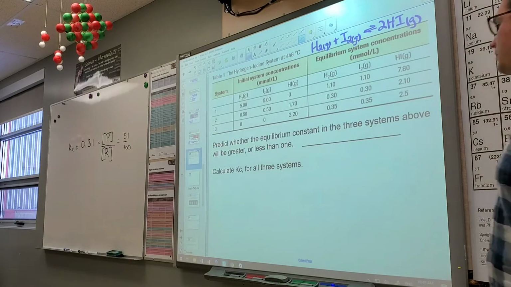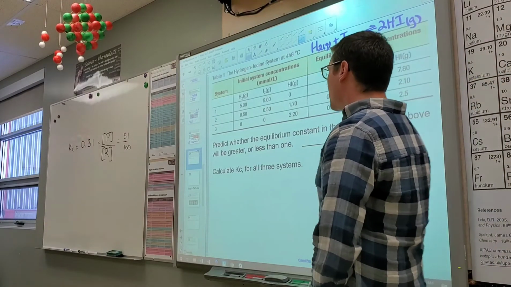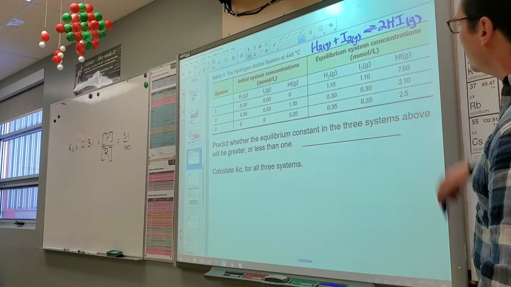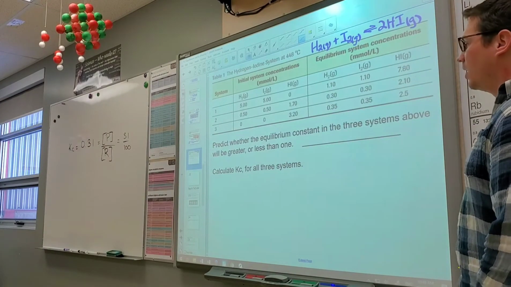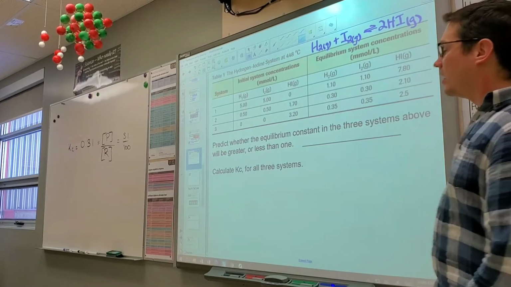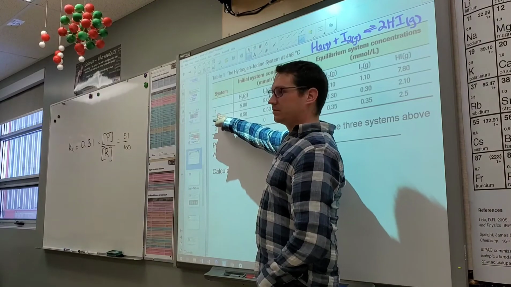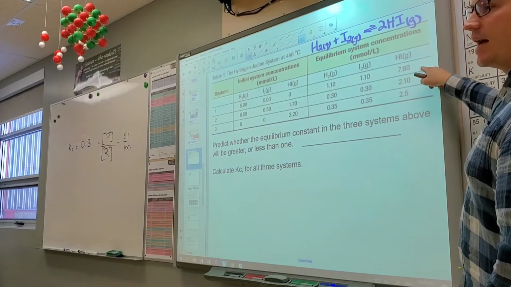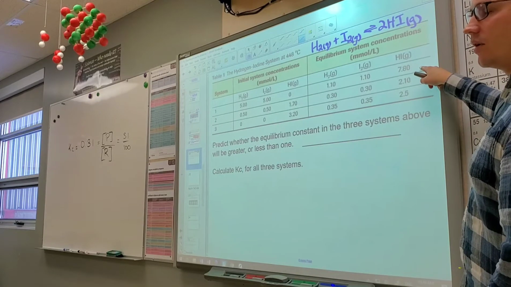Yeah. So predict whether the equilibrium constant in the 3 systems above will be greater or less than 1. So let's see. System number 1, what do you think? Is it going to have a Kc of greater than 1 or less than 1?